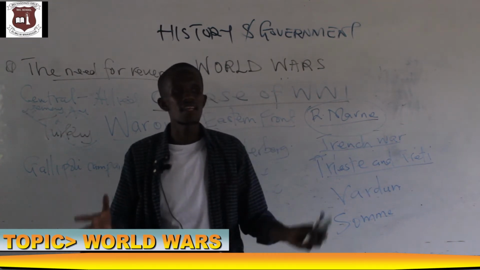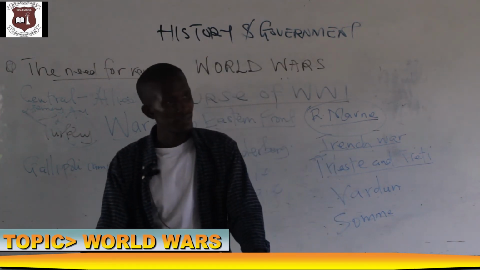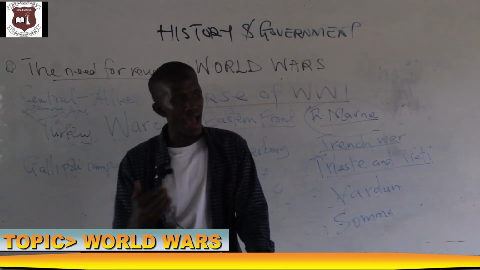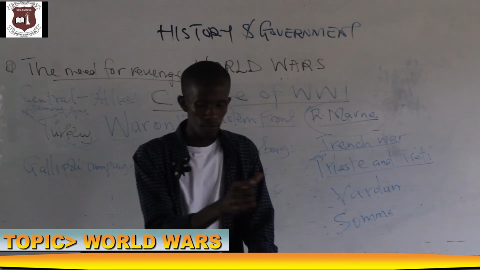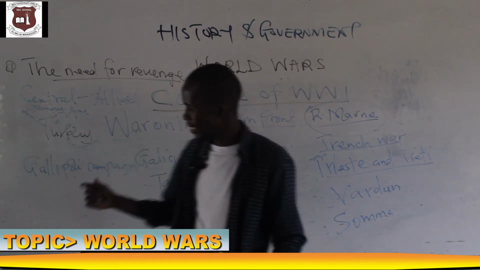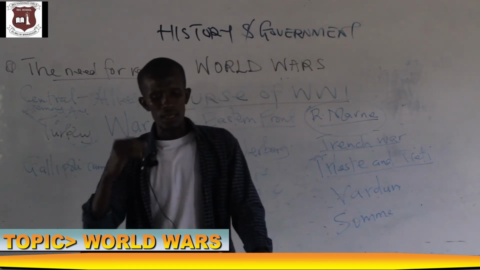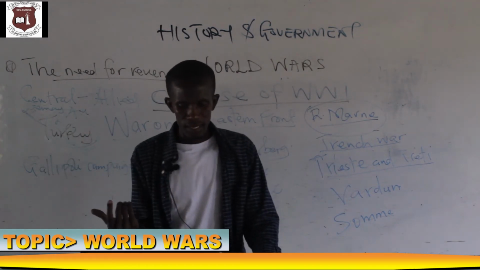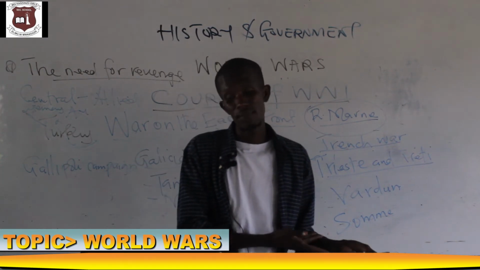And what led to the failure of the Gallipoli campaign? One, the Anglo-French naval attack through the Dardanelles, a territory of the Turks, aimed at capturing Constantinople, failed because the ships were destroyed by mines.